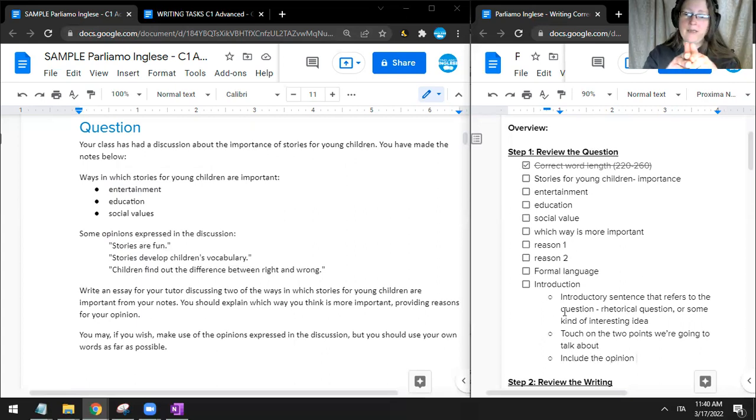I know that on the C1 Advanced, B2 First exam, a lot of people save their opinion until the very end, which is okay, it's very common in this kind of task for those exams. However, sometimes people forget it. So, I don't think putting the opinion right up front is a bad idea.